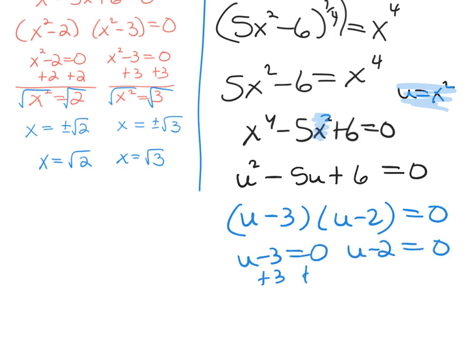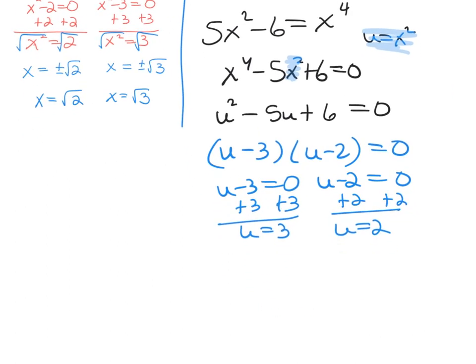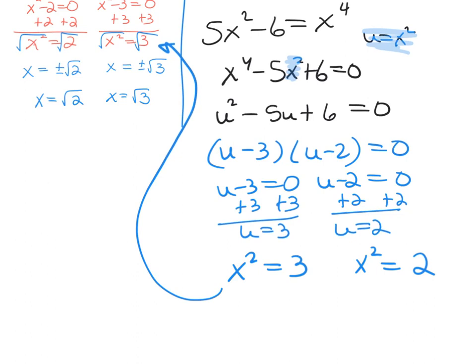Add 3. U equals 3. Add 2. U equals 2. Again, now substitute back in x squared for the u. And now I solve it the same way I just did over here, by square rooting both sides.